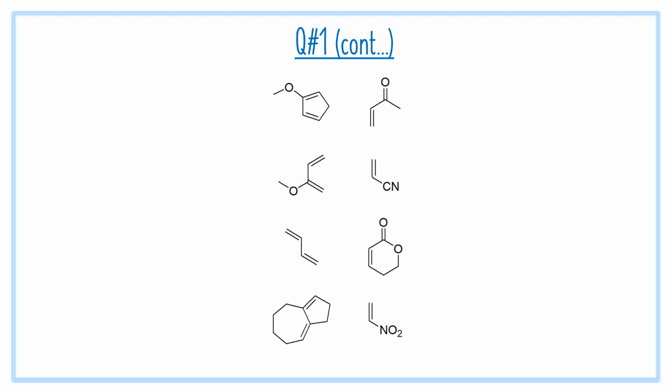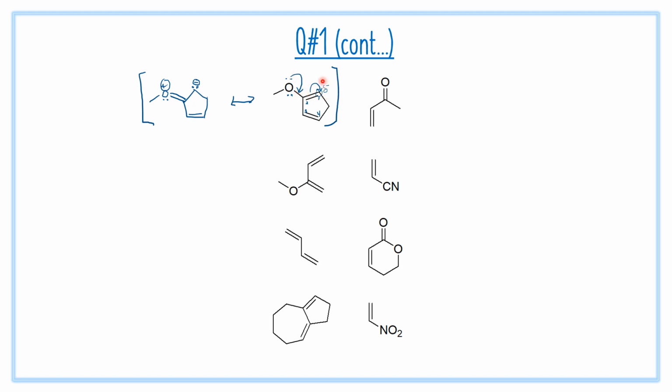Question number 1 continued. Let's look at our dienes on the left-hand side. Same thing, the allylic lone pair goes down to create a double bond here.